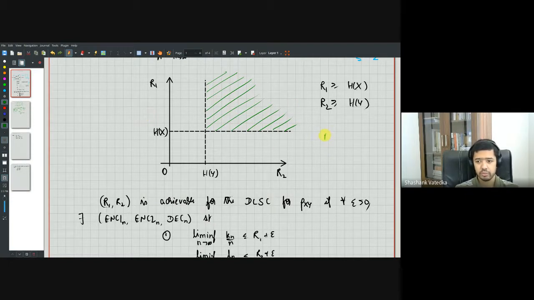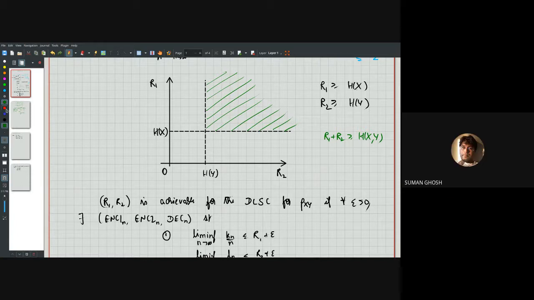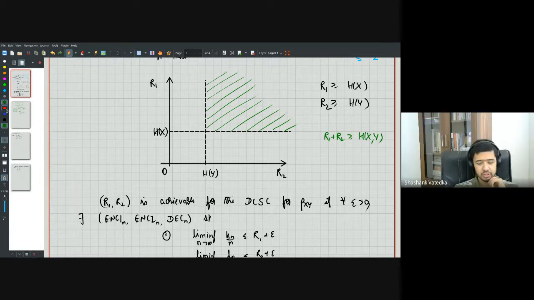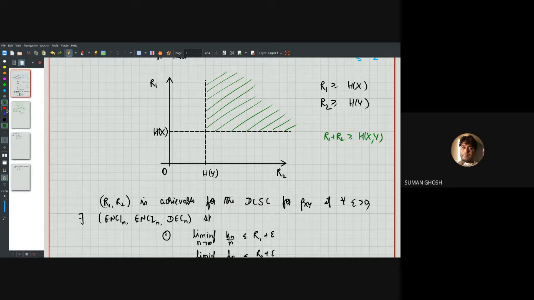So you have R1 plus R2 greater than or equal to h of x comma y. So sir, it will be a straight line. Okay. And what will be the slope?